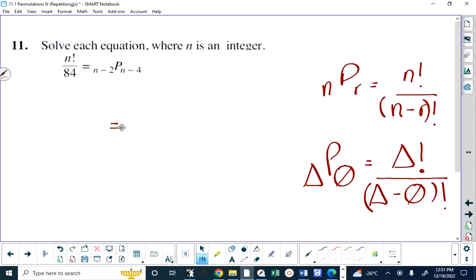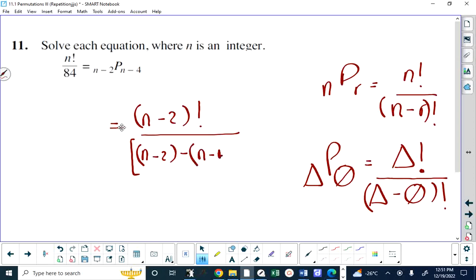But I'm making it very general here. Because I have n's and r's here and I have n's here, it can be confusing. So what I end up with is n minus 2 factorial on the top. And on the bottom, I end up with n minus 2 minus n minus 4 factorial. And then this is equal to n factorial over 84.